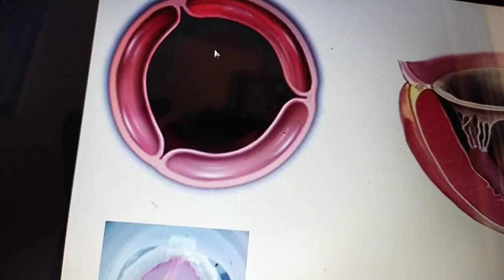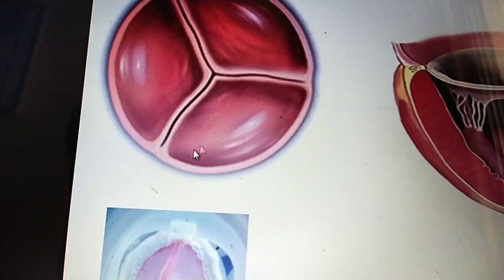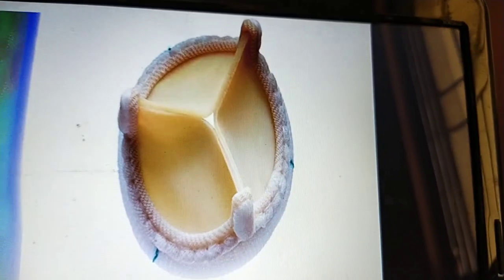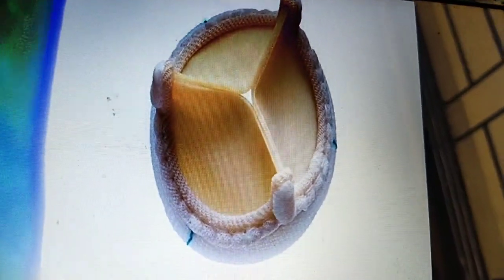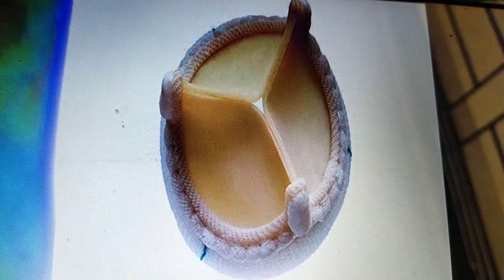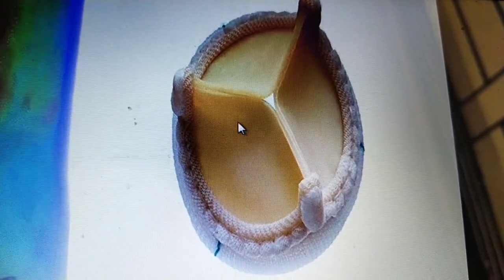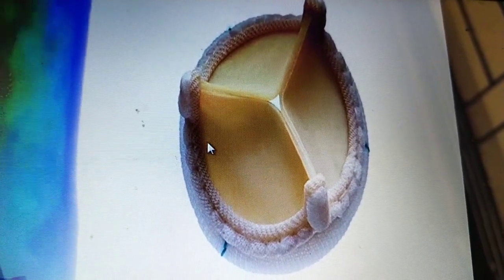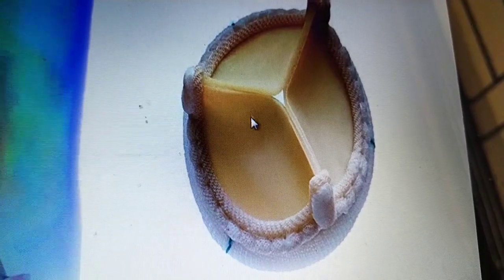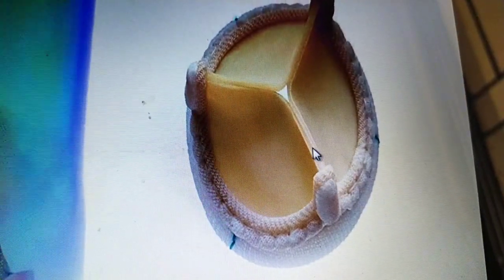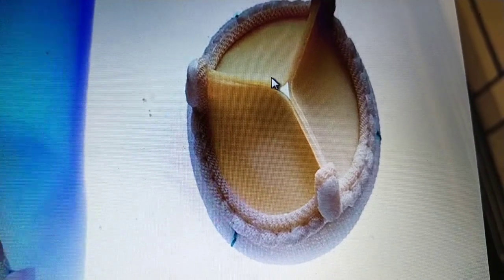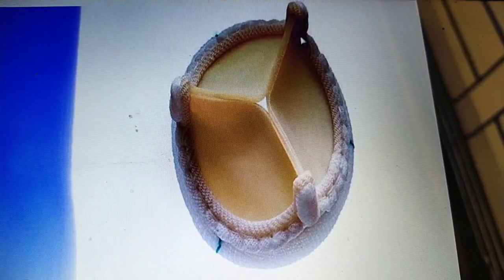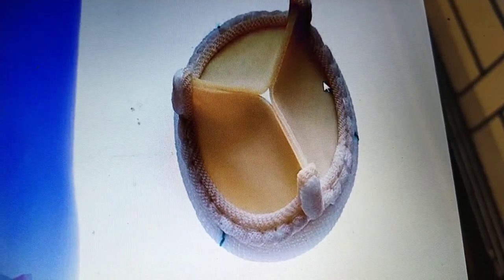Here you see these are three in number, that is why it is called a tricuspid. Already I said here is a closed or contracted valve. See, these are the leaflets or cusps of a valve. When closed, it has a concave shape, like this.